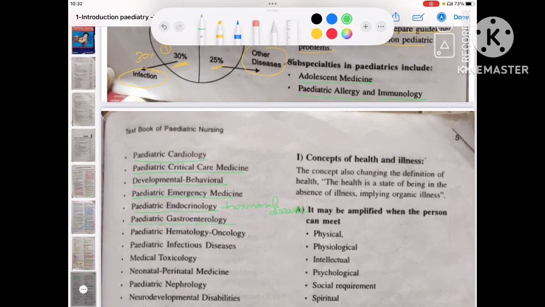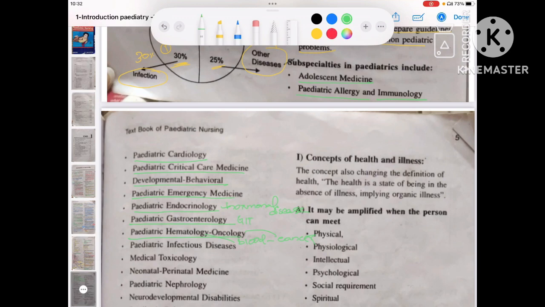Pediatric gastroenterology, that is the GIT, and pediatric hematology and oncology. What is hematology? It is related to blood diseases, hemophilia, anemia, megaloblastic anemia, and oncology is related to cancer.